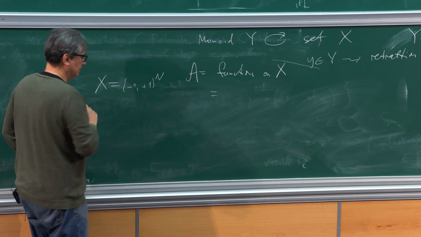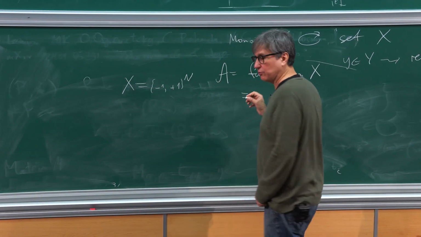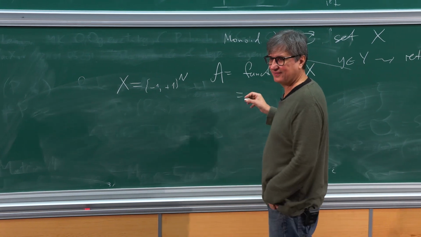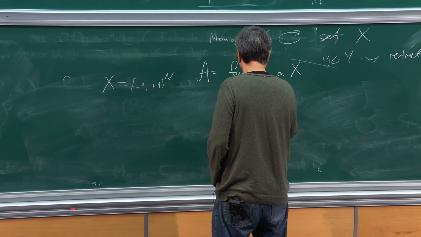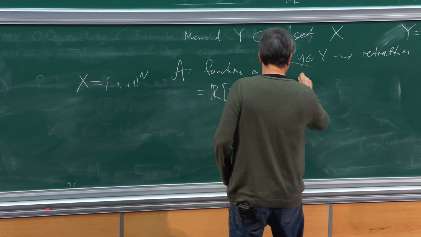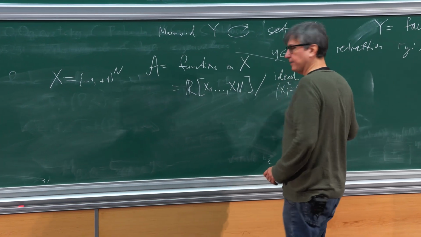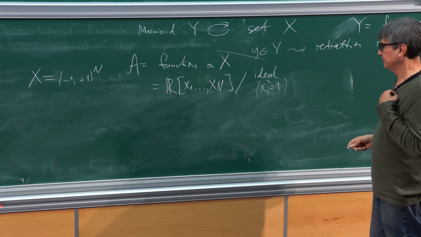If my X is a set of plus minus one elements, of course it's a quotient of the algebra of polynomials by the ideal generated by the equations xi squared equal to 1.